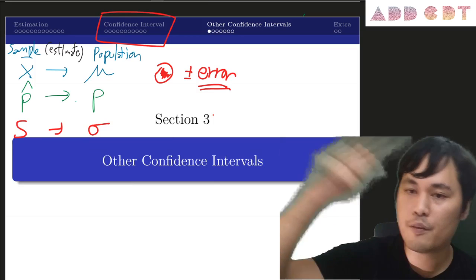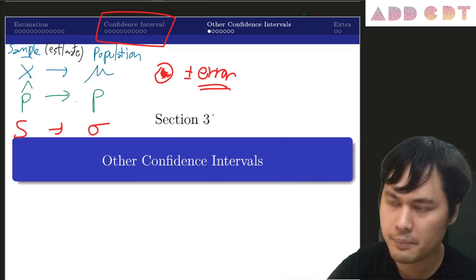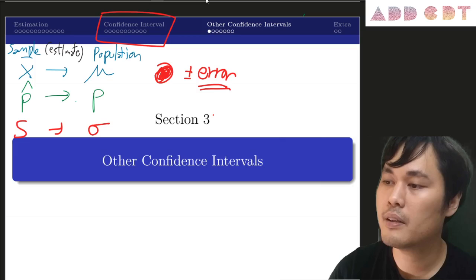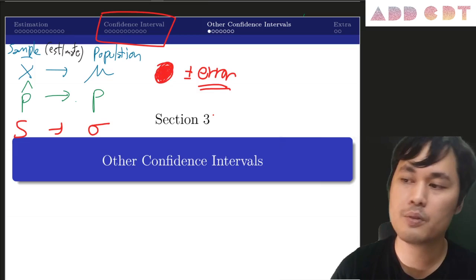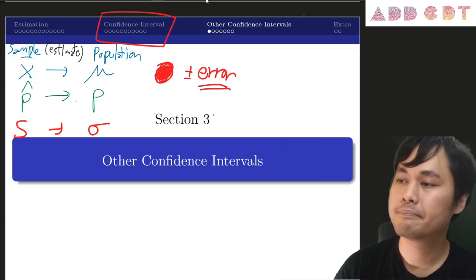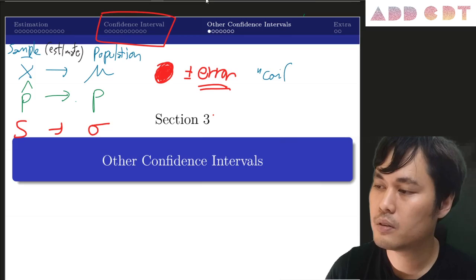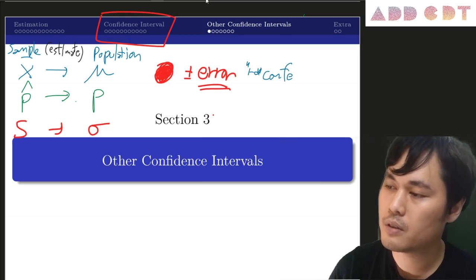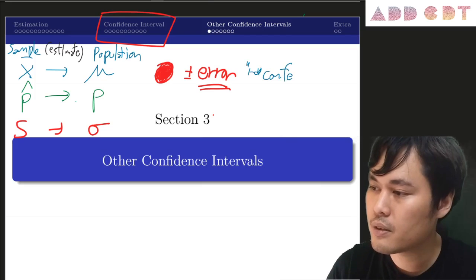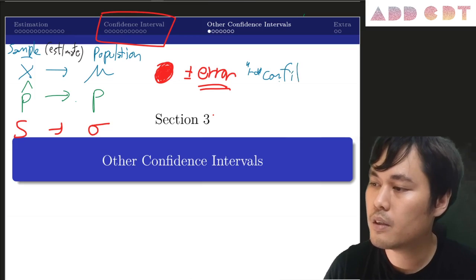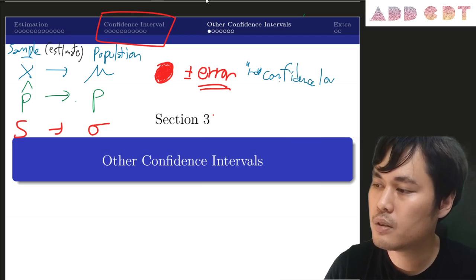They are going to have different formulas, but they have the same concept. You have that point, whatever you can compute, plus or minus some error, and you're going to have a confidence level, some 1 minus alpha confidence level.